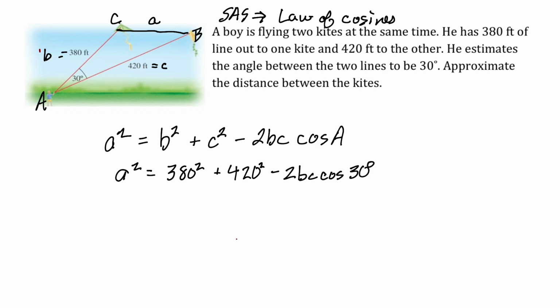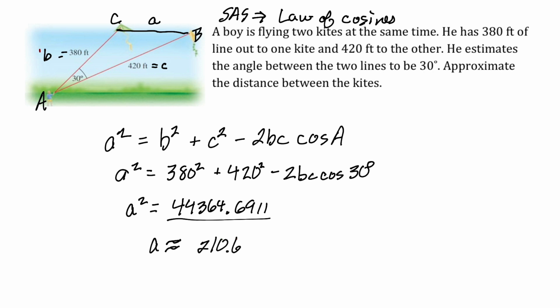And I just instruct students, use your calculator to put this in here. You're going to come up with 44364, and there's some decimal to it, 0.6911. And then just in your calculator, take the square root of this number here. The square root of that number is approximately 210.6 feet.